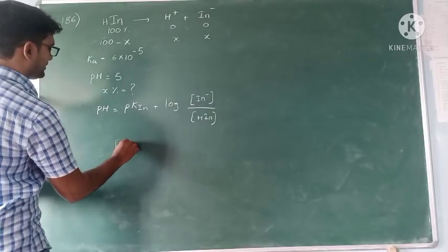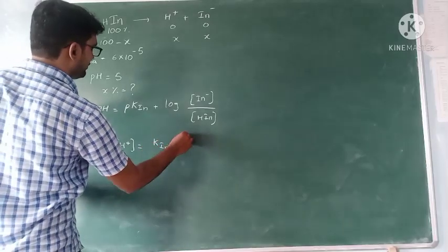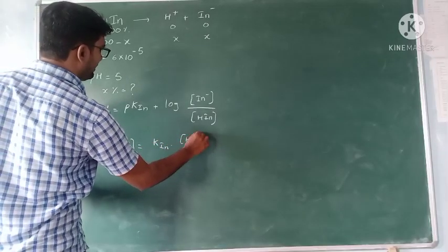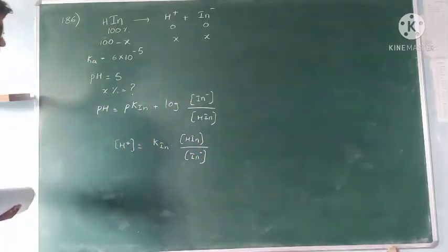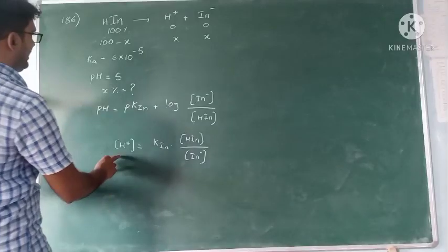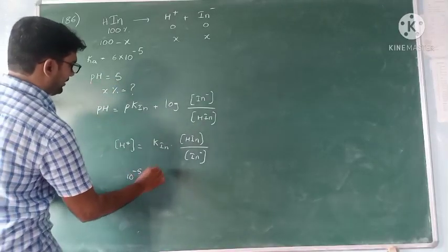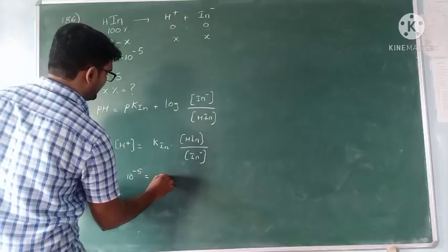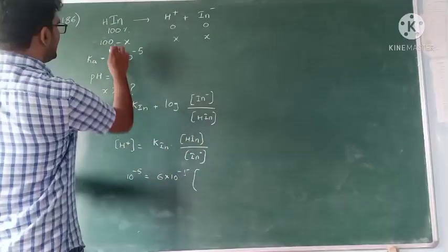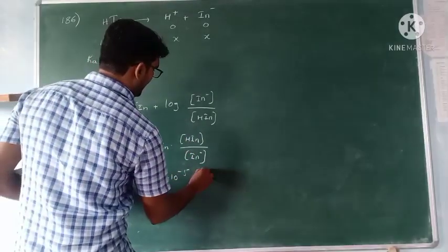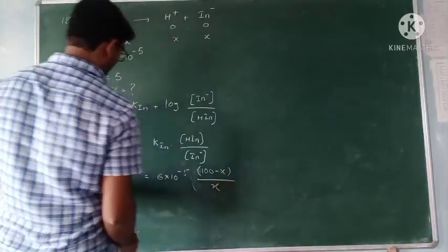Concentration of H plus is equal to Kin into HIn by In minus. We know this formula from buffer solutions. pH equal to 5 means H plus concentration is 10 to the power of minus 5. Kin is given, 6 into 10 to the power of minus 5. HIn is 100 minus X, by X.